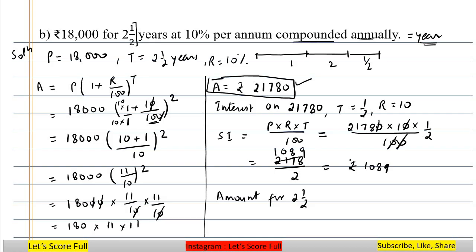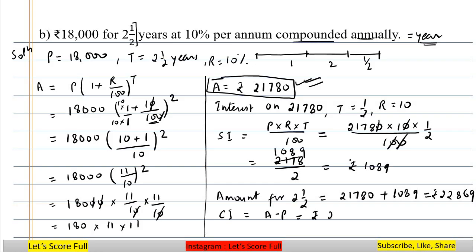This is for 2 years, but the amount for 2.5 years will be what you got, 21,780 for 2 years, and then interest for half year. And this will give you 22,869 rupees.